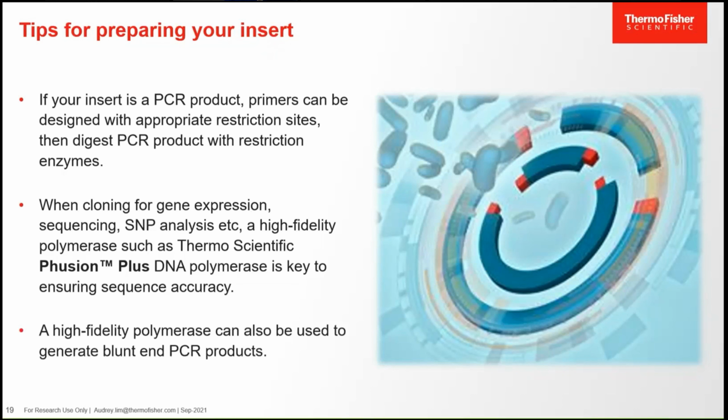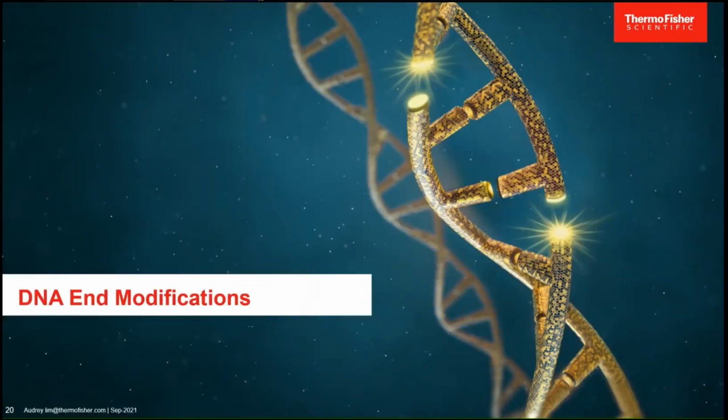To generate a blunt end PCR product, a high fidelity proofreading polymerase can also be used, whereas a regular Taq polymerase will add an extra dA untemplated overhang at the 3' end. Okay, so do take note of the polymerase that you are using.